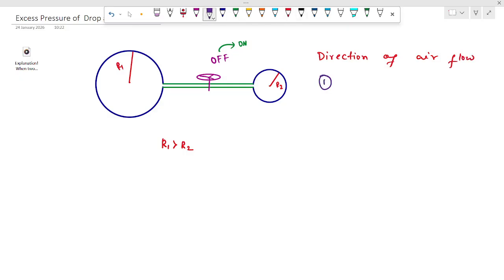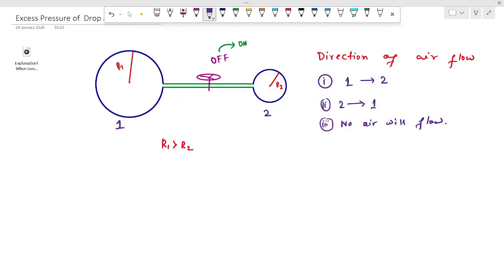First of all, suppose this is the first balloon and this is the second balloon. So air is flowing from 1 to 2, and the second option is from the smaller one to the larger one, and the third option is no air will flow.